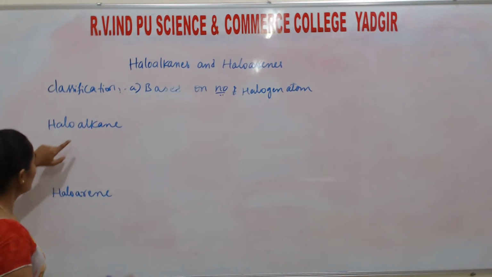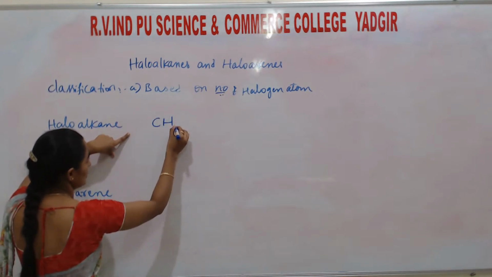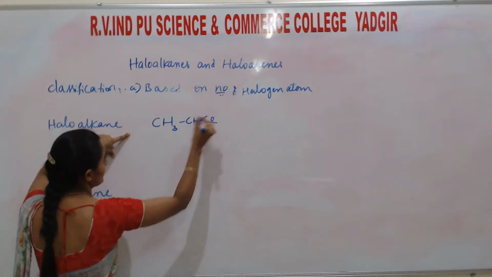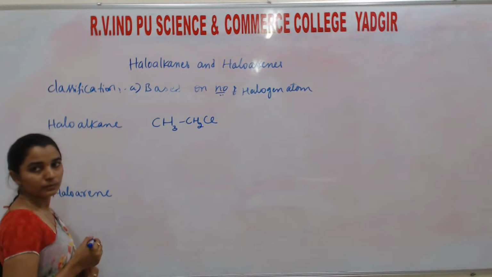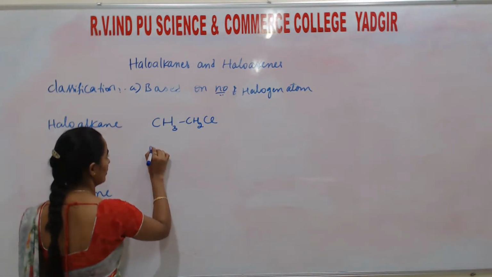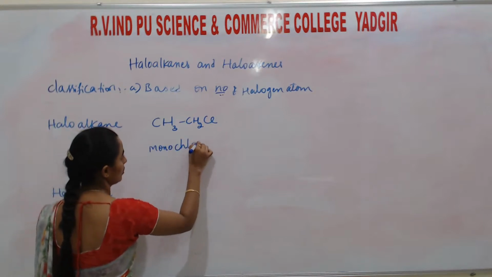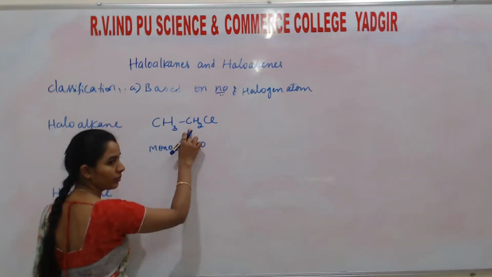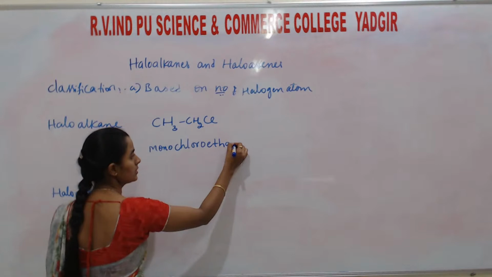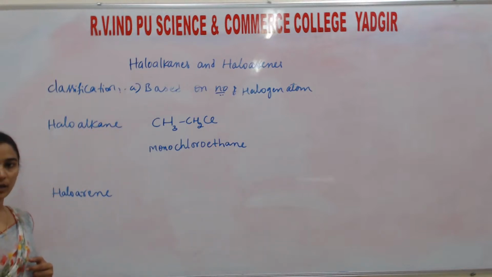Okay. So here, if I take an example of CH3CH2Cl, this one is monochloro. Two carbon atoms means the suffix is eth. All are single bonds means ethane. Monochloroethane.